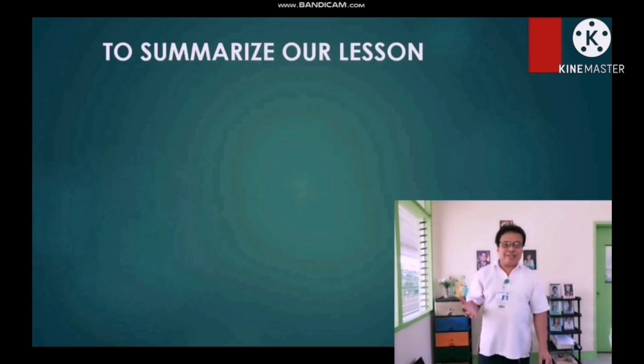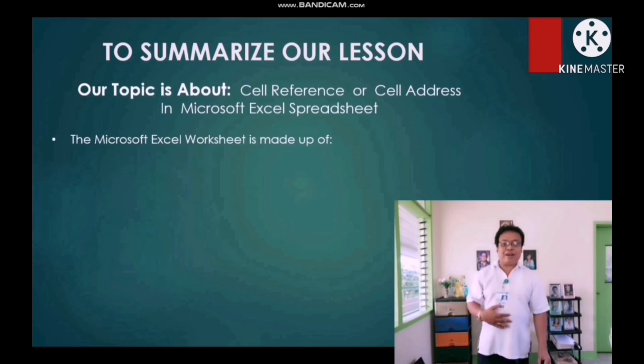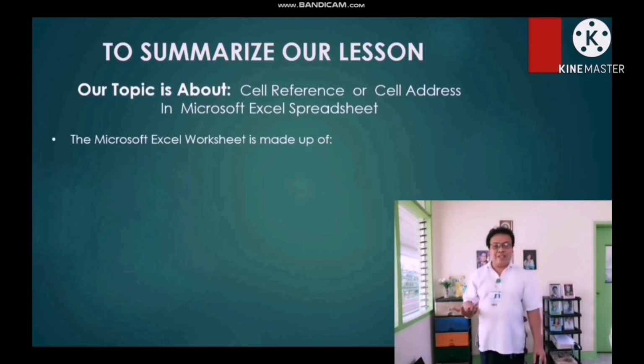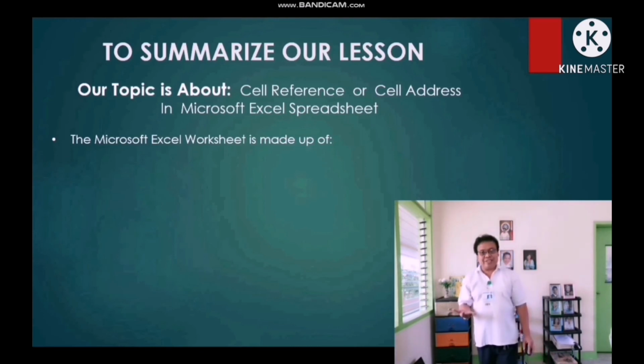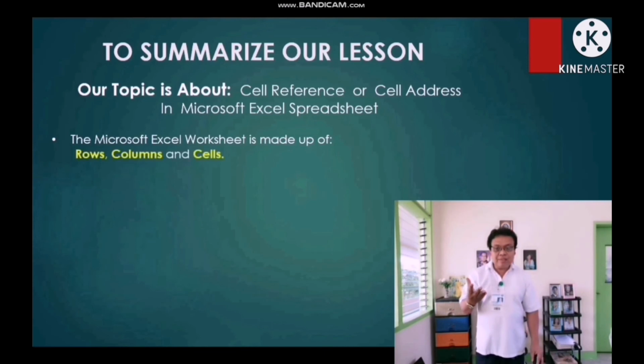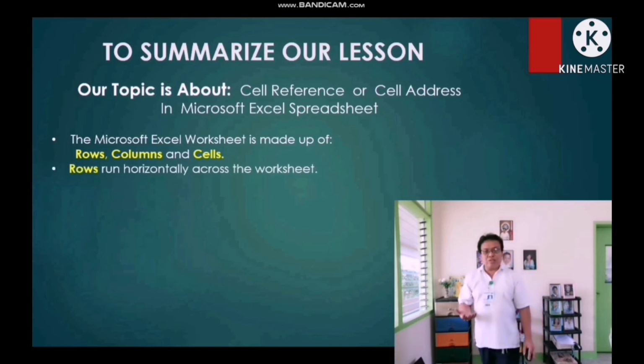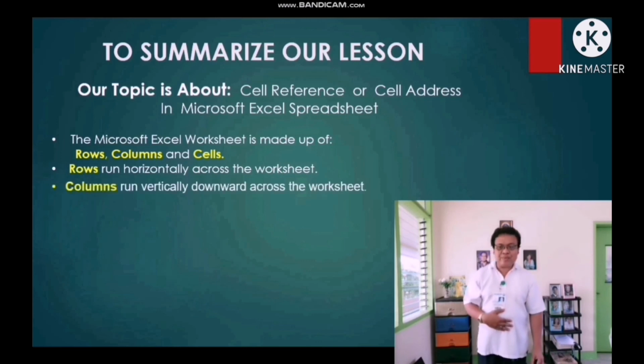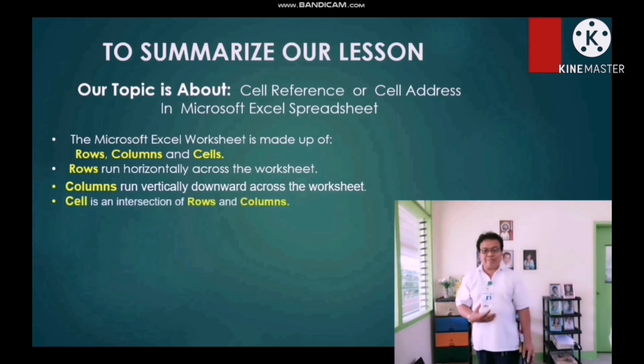Now, to summarize our lesson, our topic is about cell reference or cell address in Microsoft Excel spreadsheet or worksheet. The Microsoft Excel worksheet is made up of rows, columns, and cells. Rows run horizontally across the worksheet. Columns run vertically downward across the worksheet.